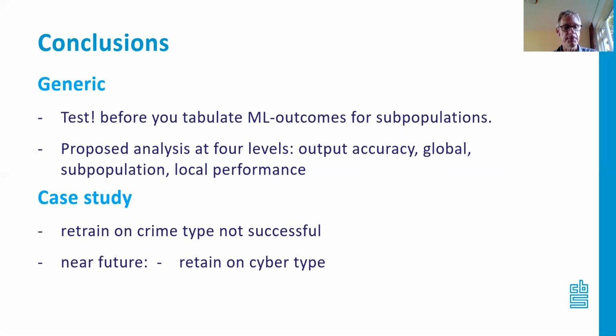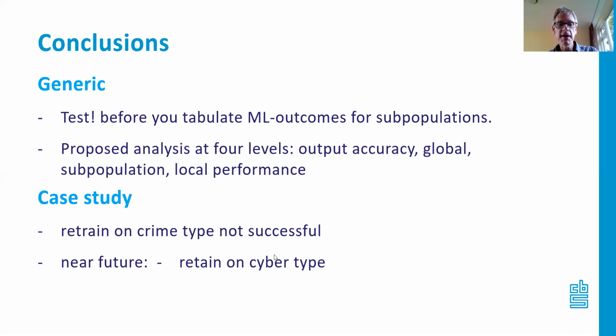What we would like to do in the near future is to retrain not on crime type, but on cyber type. So we have pure cyber, and we have these IT-related aspects, like online identity fraud and purchase fraud.